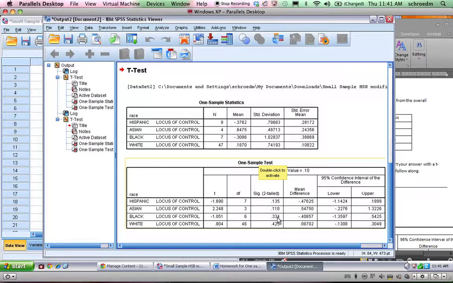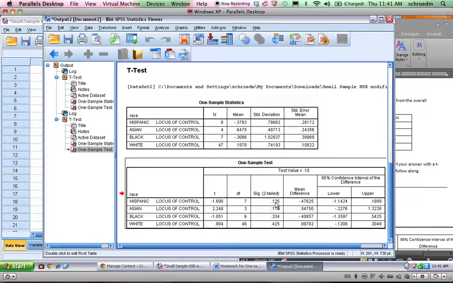Now if I look at all these p-values, Hispanics are greater than 0.05. The probability of getting a t-stat this big for this many Asians is also greater than 0.05. Probability of getting this t-stat for this many African American students is greater than 0.05. And the probability of getting this t-score for the white students given this sample is also greater than 0.05.